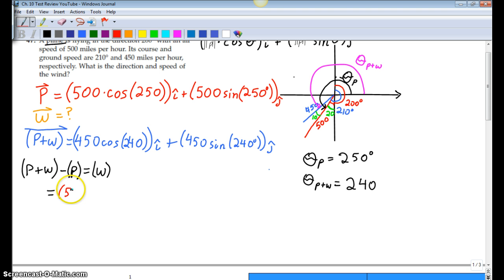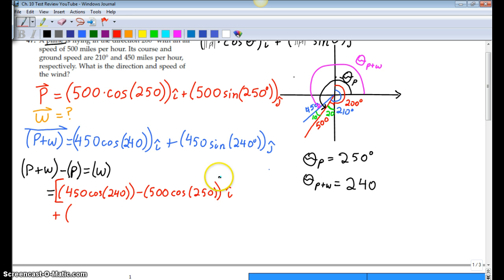The P plus W minus P, so that's 450 cosine 240 minus 500 cosine of 250, and that is our i hat component. Plus the j hat component.